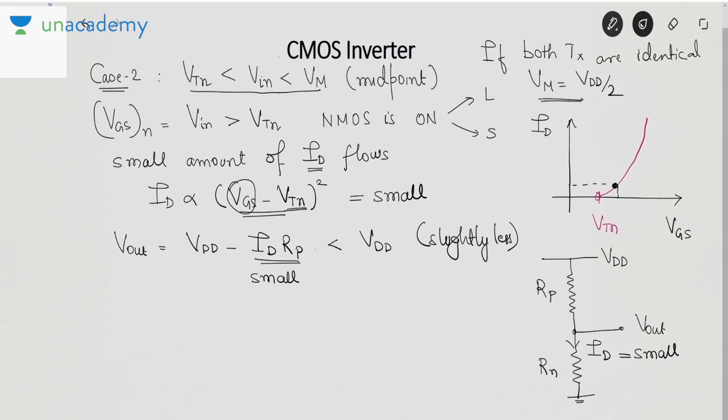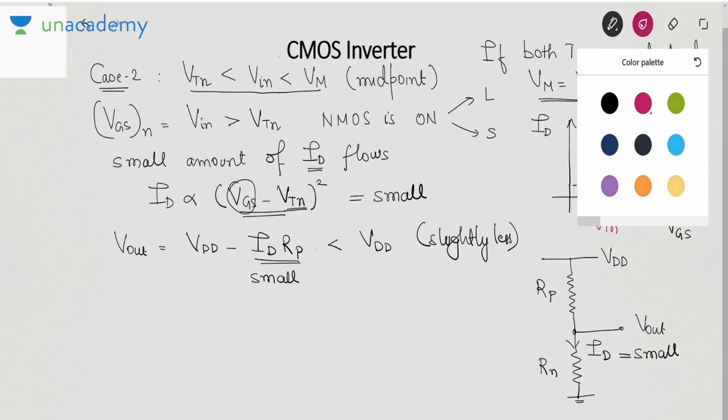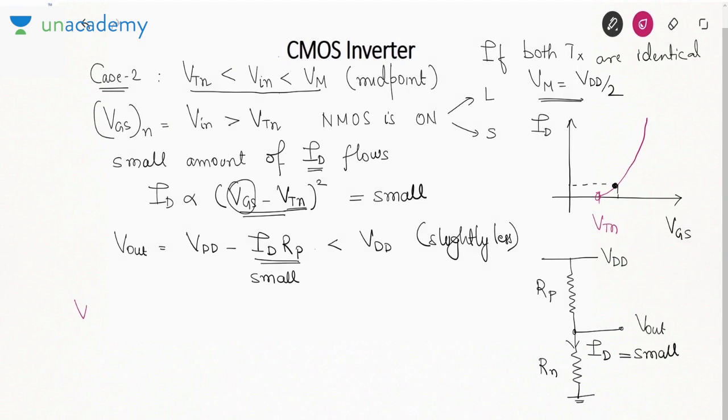So suppose I first want to find out the region of operation for NMOS. For NMOS, we have seen that VDSN is equal to Vout. This is very high, and it will be greater than VGSN minus VTN.